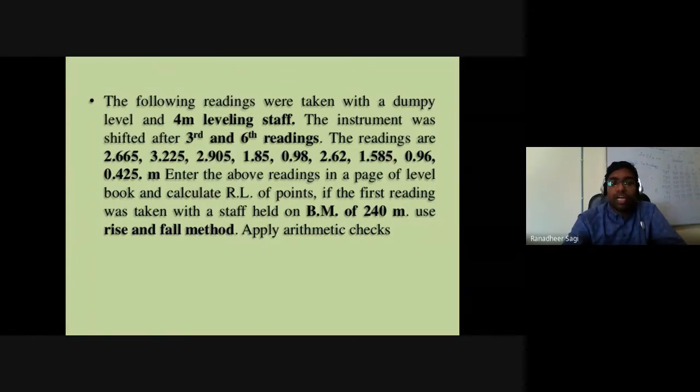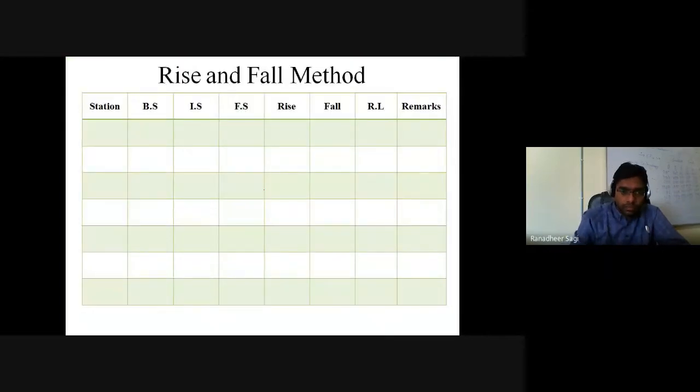And if I need to go ahead in noting down this particular data in table form, I'll just start doing that. Let's say station A, station B, station C, station D, station E, station F, and so on. Station here means it's a place where you are holding your leveling staff for taking the levels.